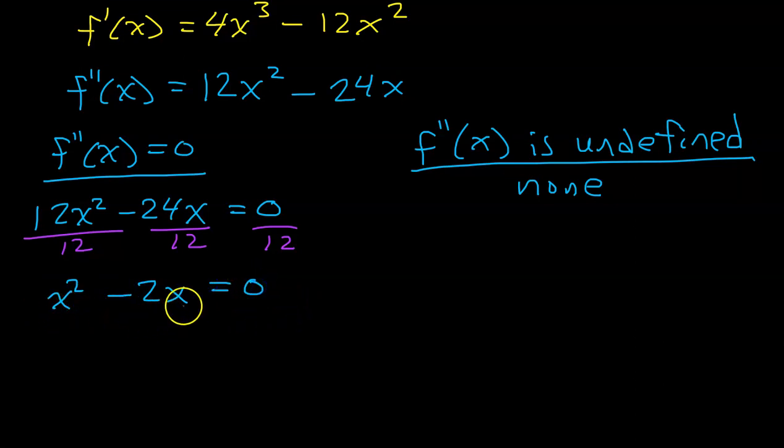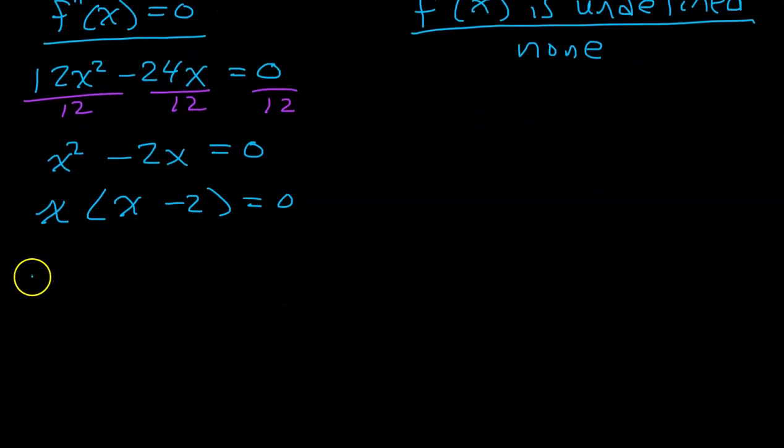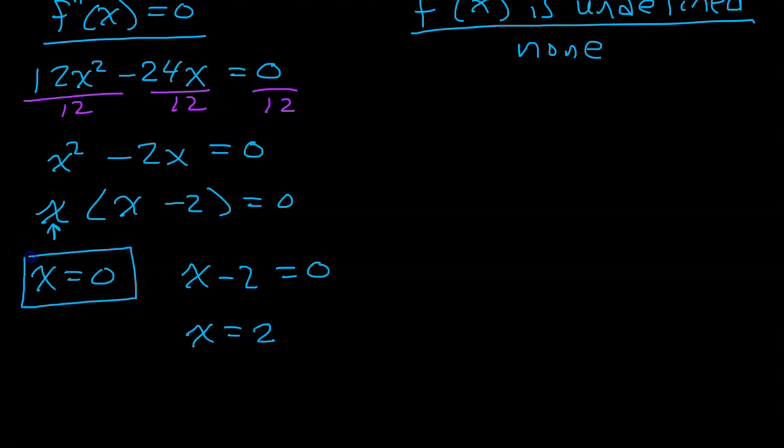Now let's take out the GCF of x. So that will leave us with x minus 2. So using the zero product property, either x equals 0 itself because of this guy, or x minus 2 equals 0, which means that x would equal positive 2.